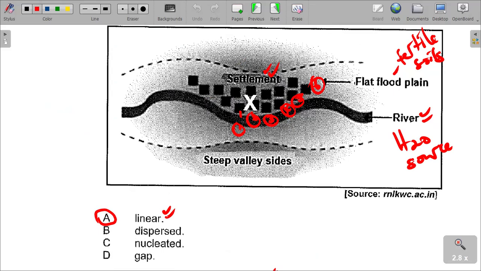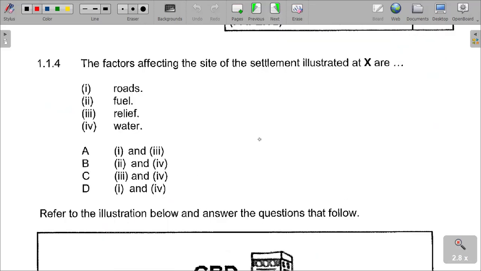We have to talk about the floodplain, the river, and so forth. So now, given the options, which factors can be correct in this case? What factors can affect the settlement development at X?